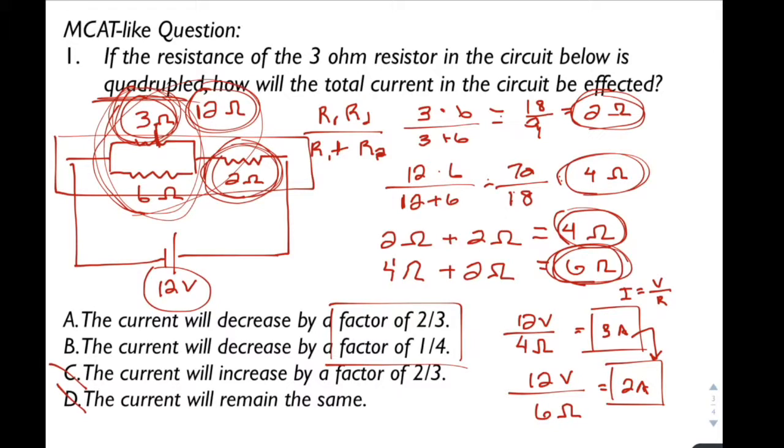I'll do 3 amps, the current using the 3 ohm resistor, times 2/3. That's as simple as crossing out the 3, and it equals 2 amps. So I already know that A will be the answer.